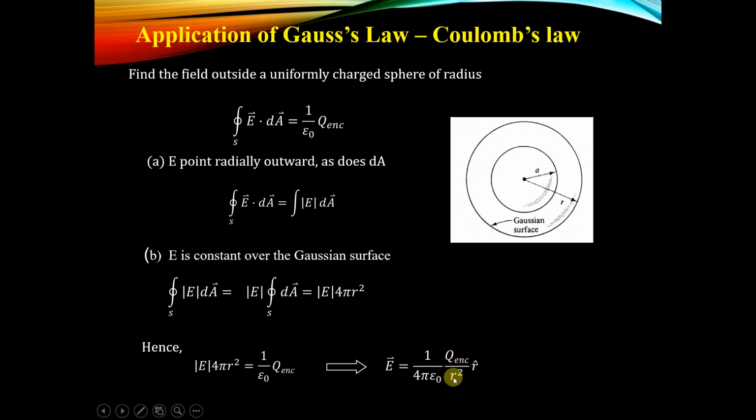So instead of Q enclosed, I can even just consider as charge Q. If this is the electric field, then we know that force acting on any charge due to this field will be just the Coulomb's force of attraction. So this actually results into the Coulomb's law. So as an application of Gauss law, we have actually derived the expression for Coulomb's law.